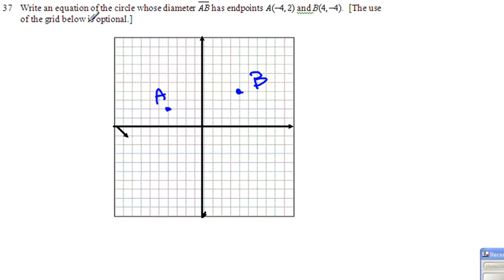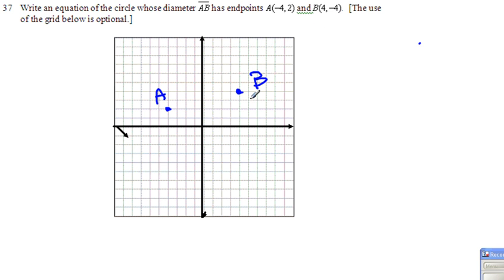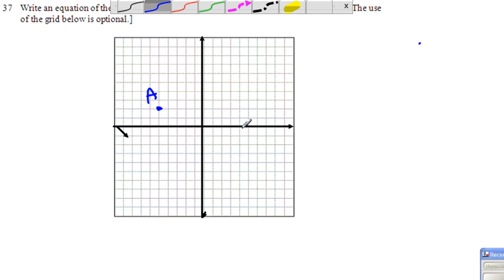That means write an equation. We need to find out the center. How can we find the center? Midpoint of those two. That means midpoint between -4, oops, my bad, B has to be -4, so it has to be on the other side. Four, comma, -4, 2, 4.